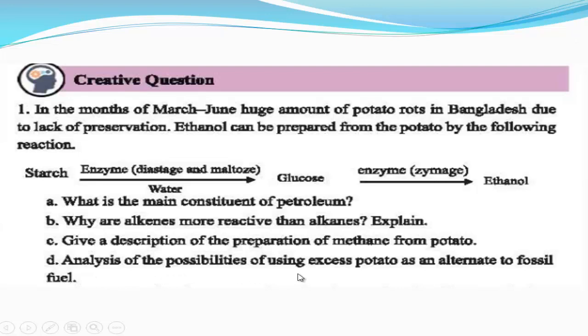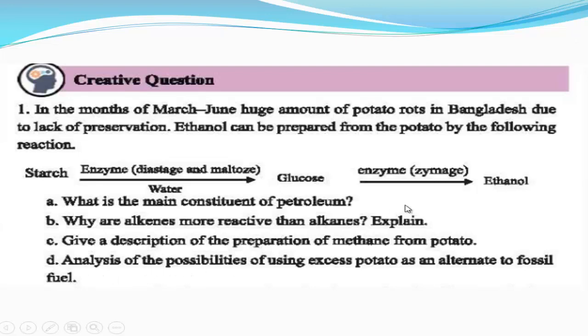Analysis of the possibilities of using excess potato as an alternate to fossil fuel. You know that ethanol can be used as an alternate fuel because ethanol is also a flammable substance and the combustion reaction of ethanol produces a huge amount of heat like natural gas.